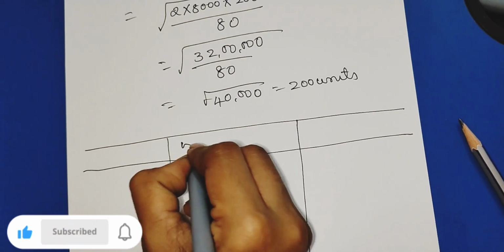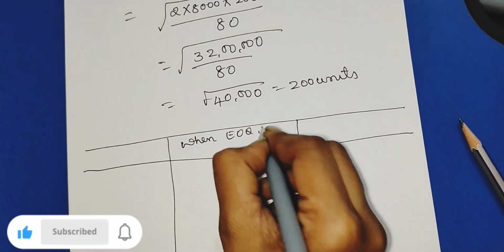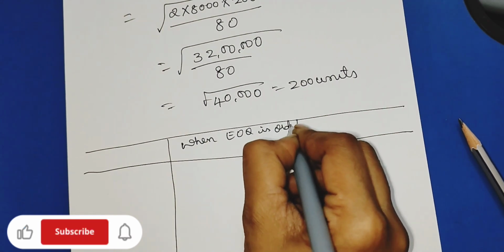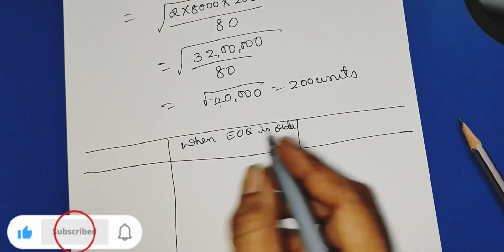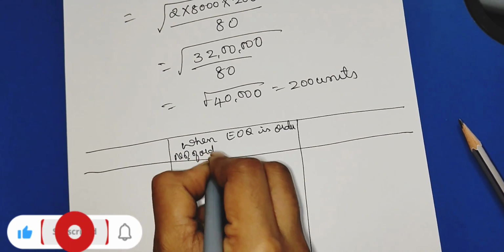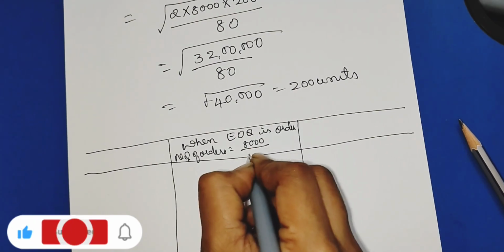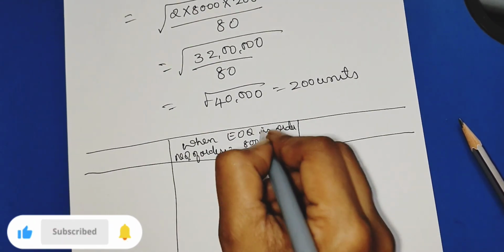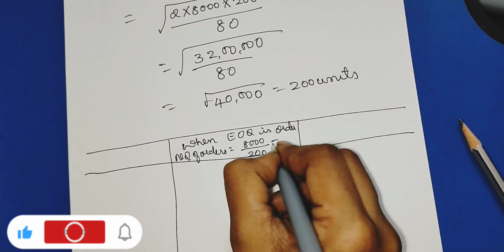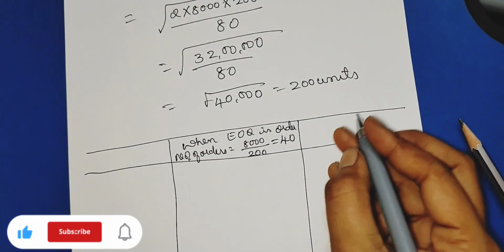Here, as per EOQ, when we are ordering, what is the number of orders? Number of orders is total requirement for the year divided by EOQ quantity of 200. So 40 orders we can place.